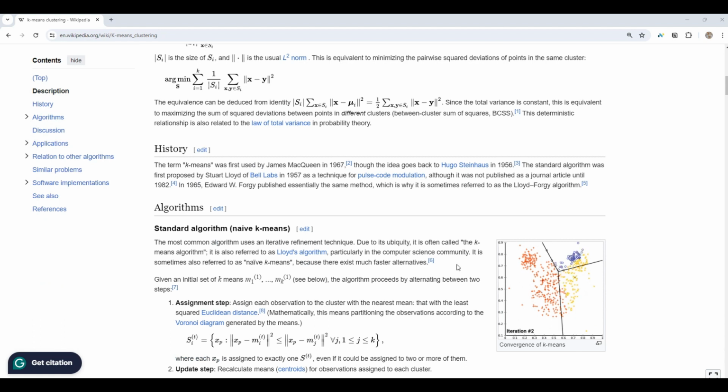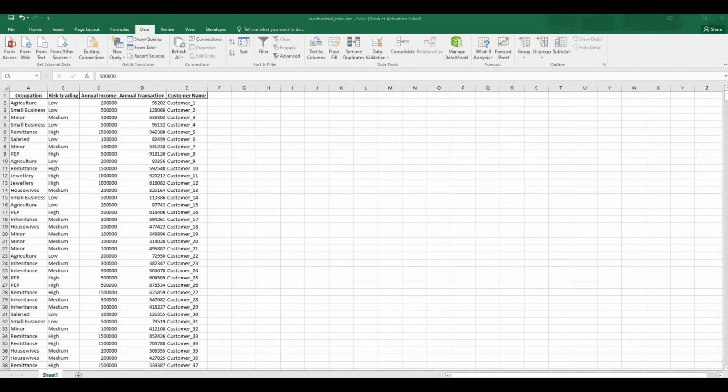So in our previous example, we had a population of customers and we chose to split them into various clusters, and for that we have used attributes like occupation, risk rating, annual income, and annual transaction.